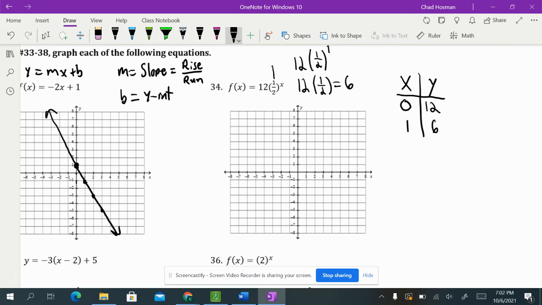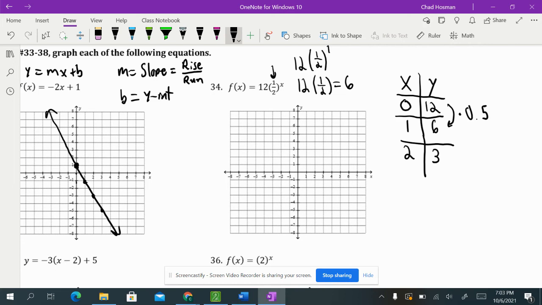We know the common ratio is 1/2, so we're going to multiply by 1/2 each time, which is the same thing as multiplying by 0.5. So we can keep this going. If x is 2, we can do 6 times 0.5, and we get 3.